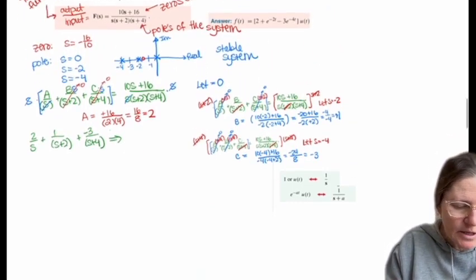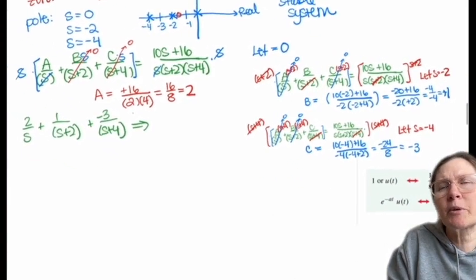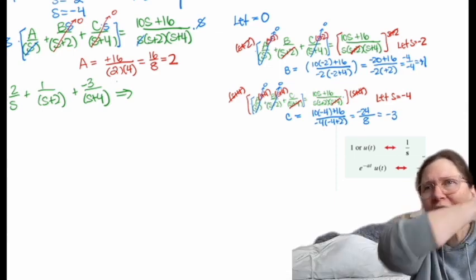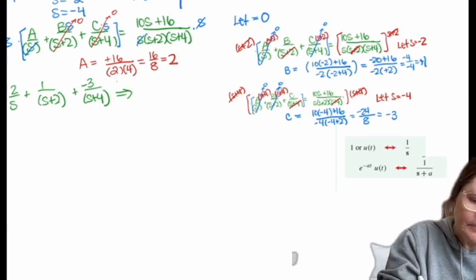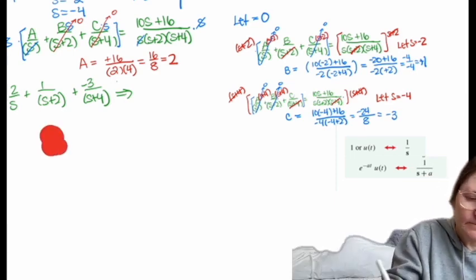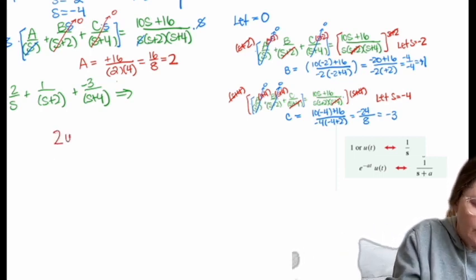All right, so then the 2 over s, remember the 2 is a constant, so that will come out, and so it's just going to be 2 u of t.